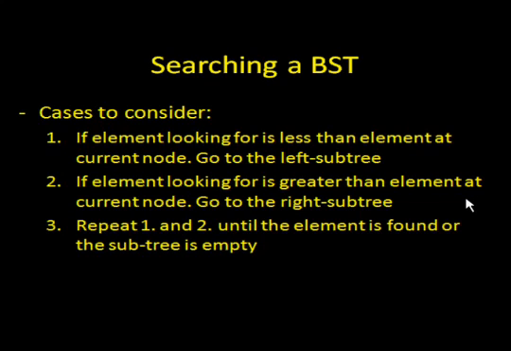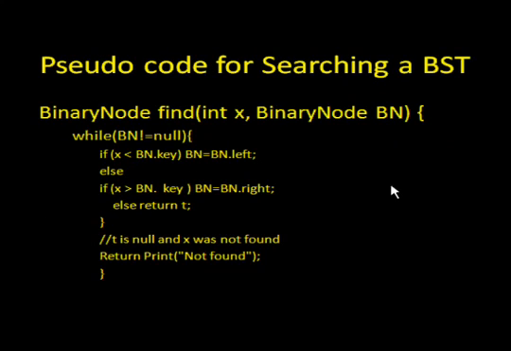If it's greater than the element of the current node, then you would go to the right subtree. And then you continue this process until you either find the number or you reach a point where there are no more nodes to follow down, in which case it does not exist in the tree. And here's some pseudocode for it.